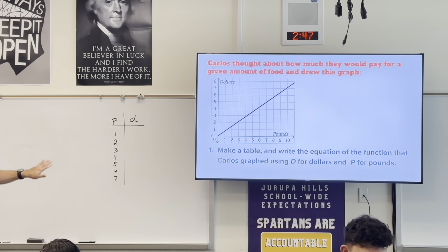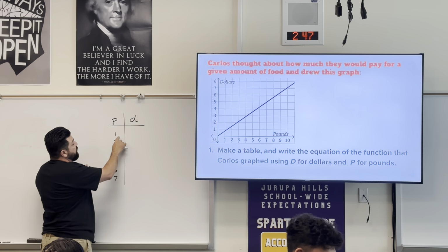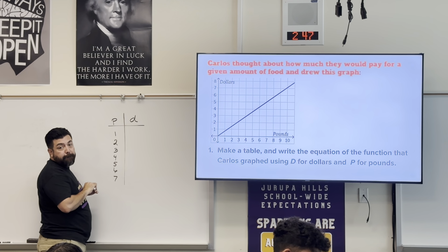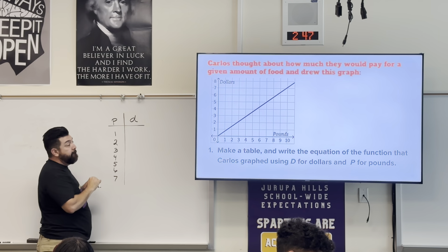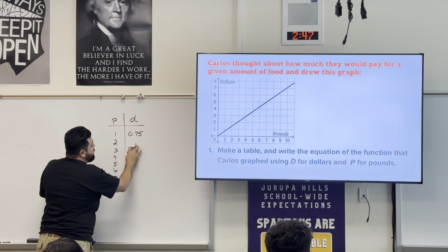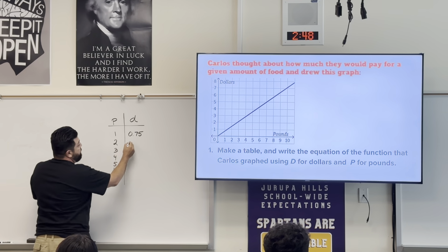Now, what is the dollar amount you got for each one? So for this first one, what was your output? 0.75. 0.75? What was the next one? 1.50. 1.50?